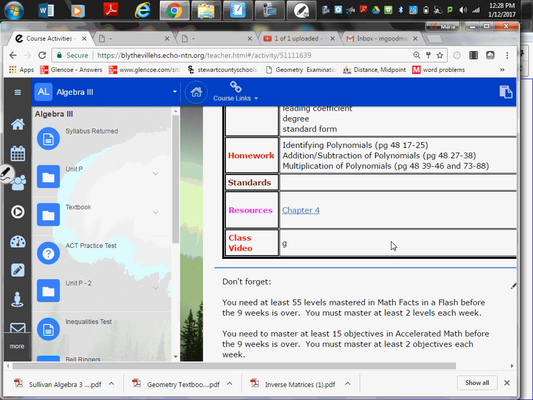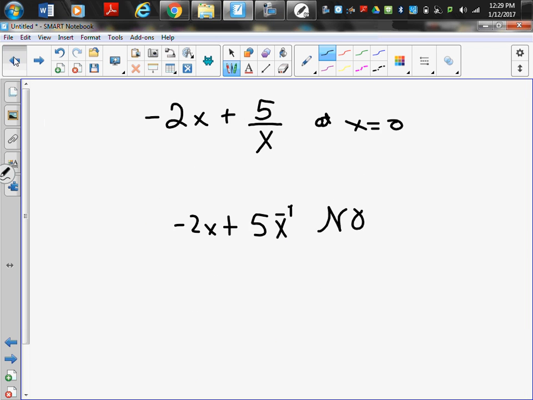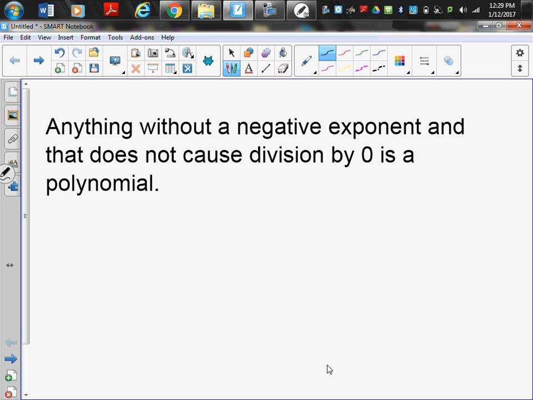Go back to our definition of polynomial. Anything that does not have a negative exponent and does not cause division by 0 is a polynomial.